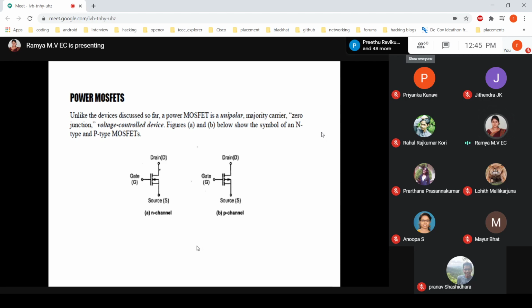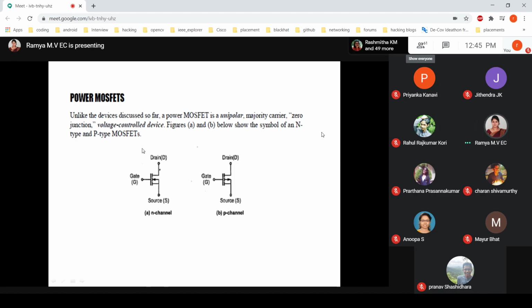That is why it is called a majority carrier device. Zero junction, and it is a voltage controlled device. If you can recall the structure of the MOSFET, it will be very helpful for you.